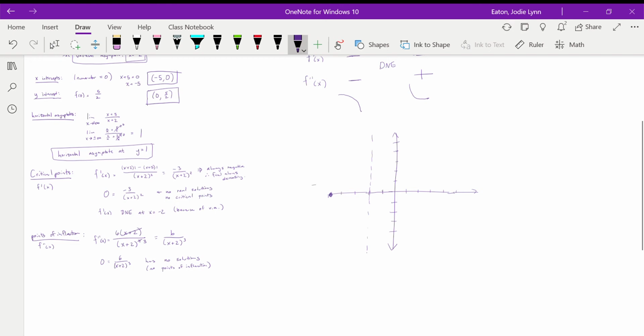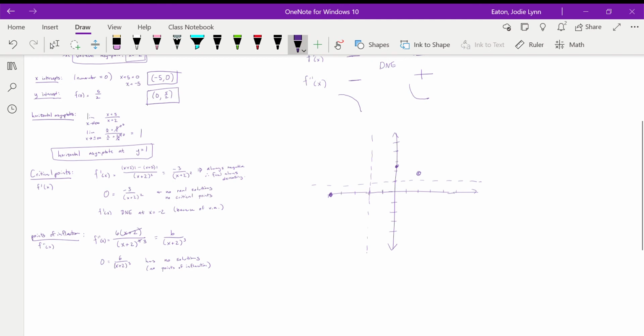We have our horizontal asymptote at y equals 1. We're going to put a dotted line in there. And I'm going to put in any of the other points. I have a y-intercept at 0, 5 halves, which is 2.5, so that's going to be right here. And I also have a hole at 2, 7/4, which is just under 2. So it's going to be right about there.